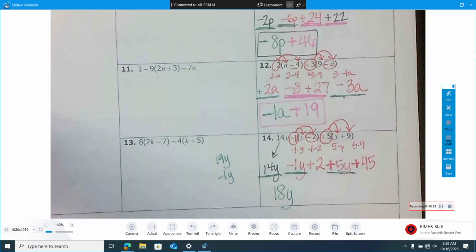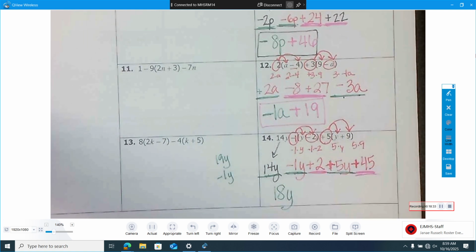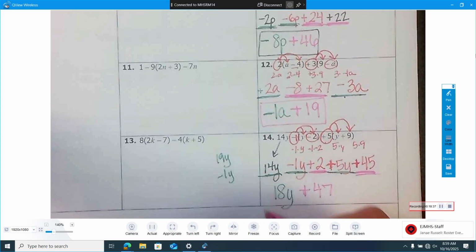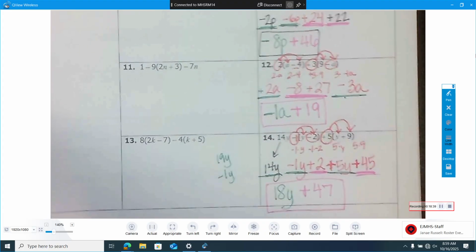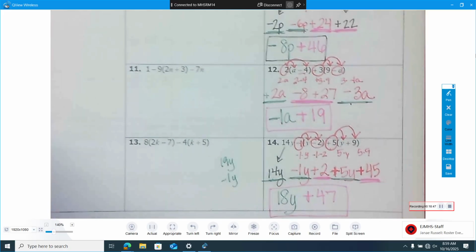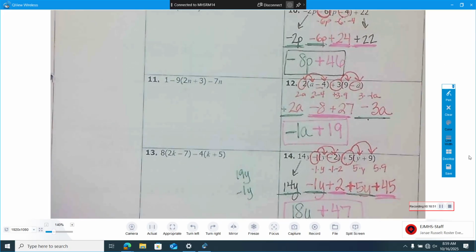And then we have a positive 2 and a positive 45, which is positive 47. Beautiful. Okay. Do you feel pretty comfortable with this? Yeah? Okay, excellent. We have a little worksheet today.